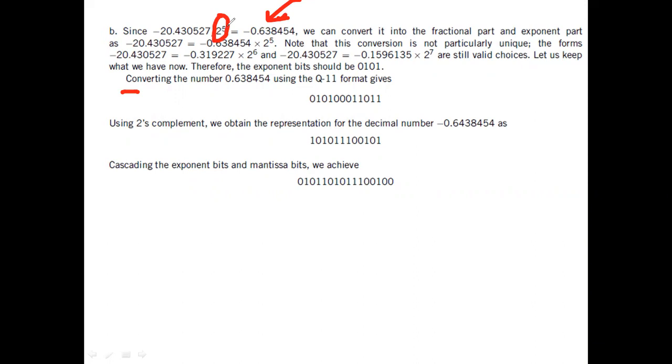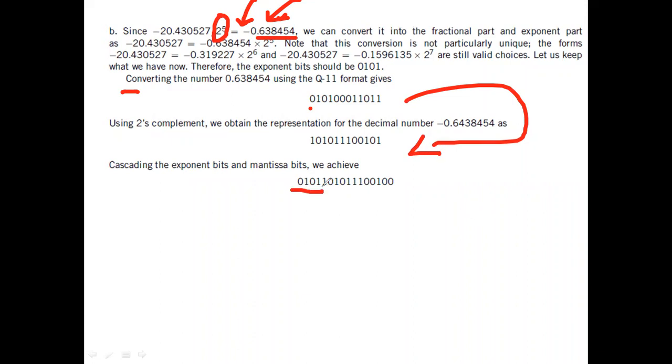See, the number is still negative, but the exponent is positive. That's where this 0.101 had come in. And since this was negative, once you got the entire value converted, the 2's complement has been taken.